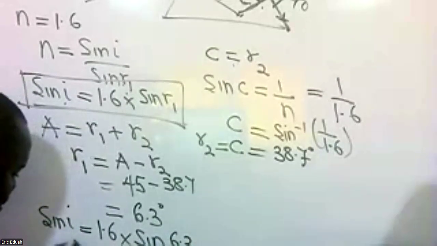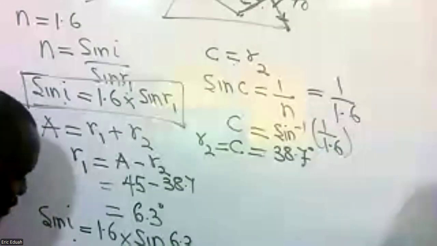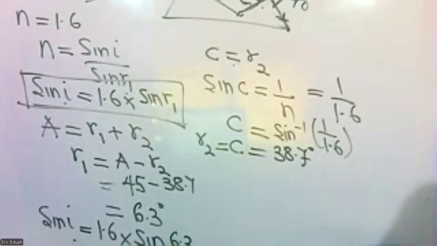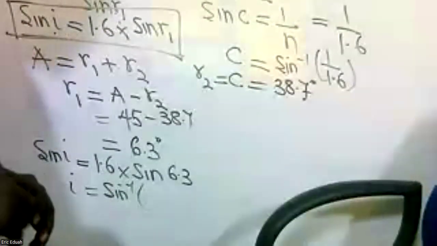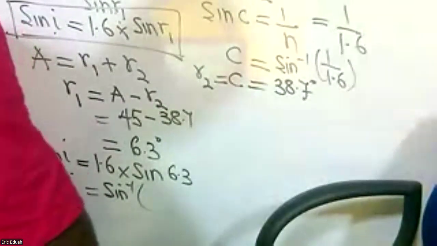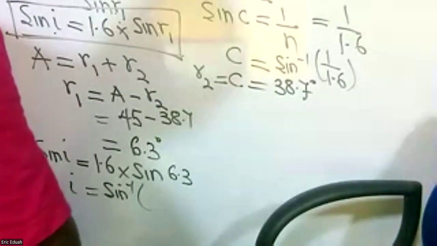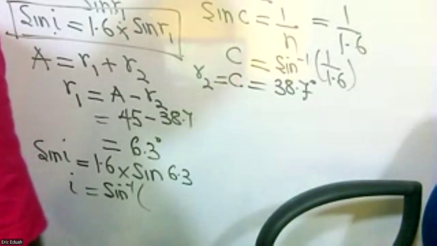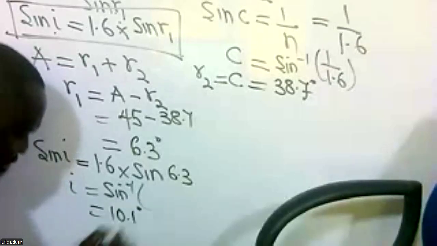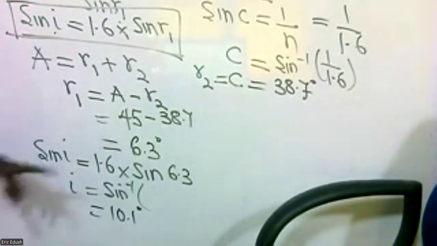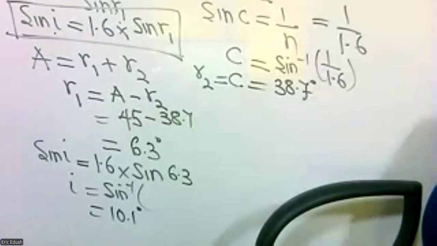When you finish, you take the sine inverse of it. The answer was indicated in the question. I gave the answer as I is equal to 10.1 degrees. So let's confirm. Yes, please, it's 10.1. So that's it.